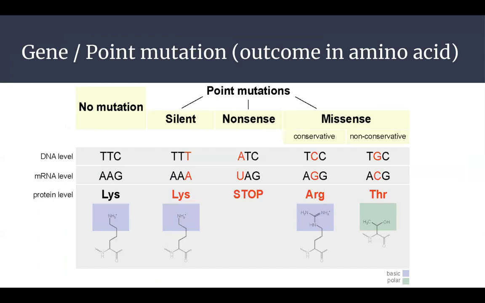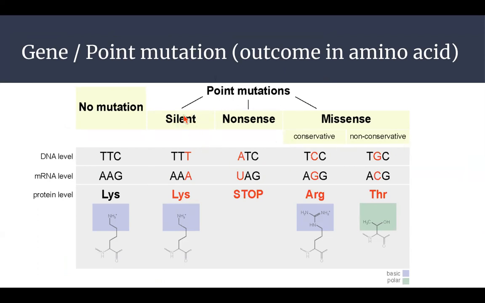Okay, so now we look at the mechanisms of mutations. You can also look at the outcome of the amino acid and categorize it using the outcome. For point mutations, where you're only substituting a base, you can produce four different types of mutation.